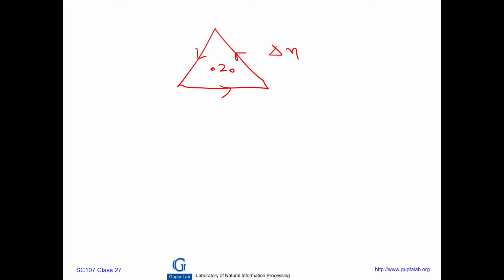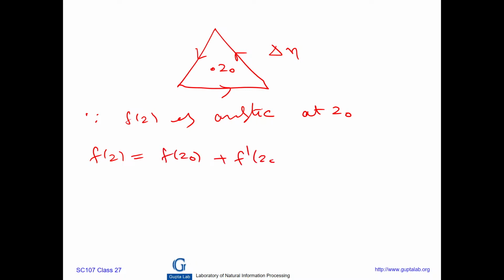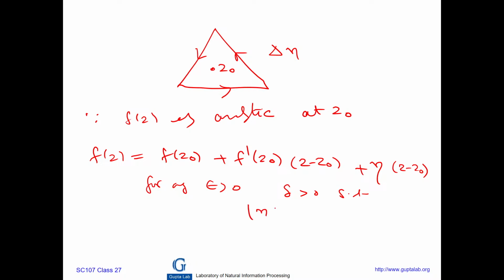So now I can write down this value. Since f of z is analytic at z0, f of z can be written as f of z0 plus f dash of z0 times z minus z0 plus eta times z minus z0, where for any epsilon positive we can find delta positive such that mod of eta is less than epsilon whenever mod of z minus z0 is less than delta.